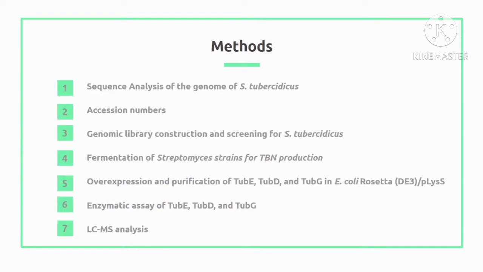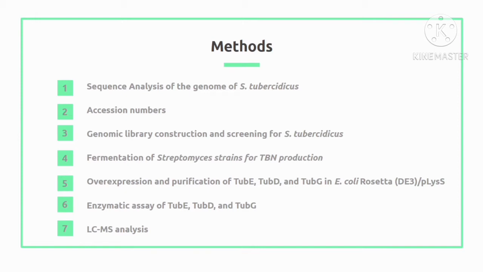These are the methods. First is sequence analysis of the genome of S. tubercidicus, and then from that sequence analysis they put it into GenBank, which will get them the accession numbers, so that they form a genomic library construction and screen for Streptomyces tubercidicus.